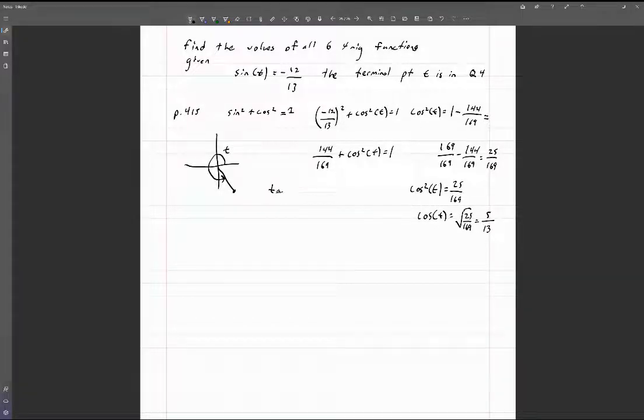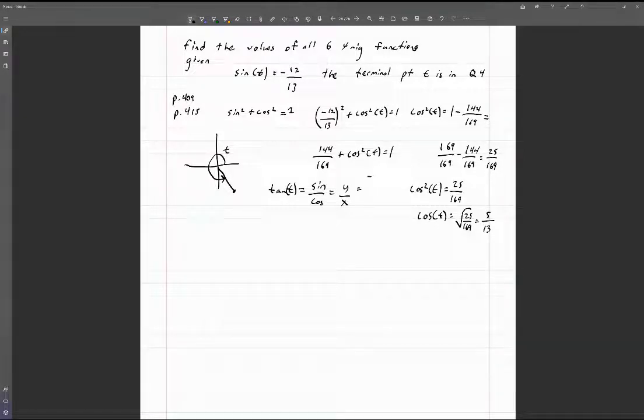So tangent is sine over cosine. That's the definition of sine over cosine from page 409. The unit circle definitions view this as y over x, and in the reciprocal identity, fundamental identity definitions on page 415, it's sine over cosine. So we could literally just plug in the values that we have here.